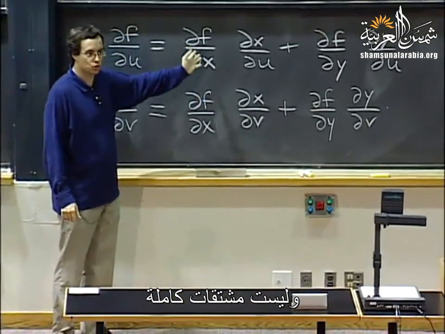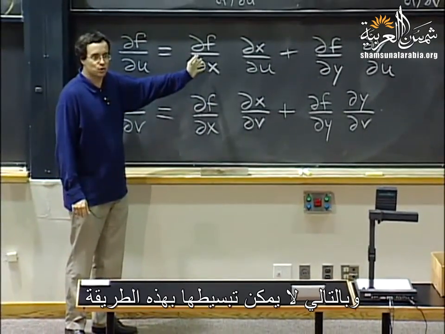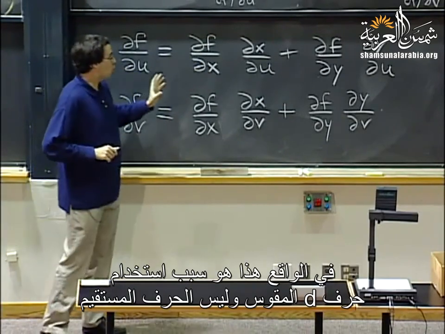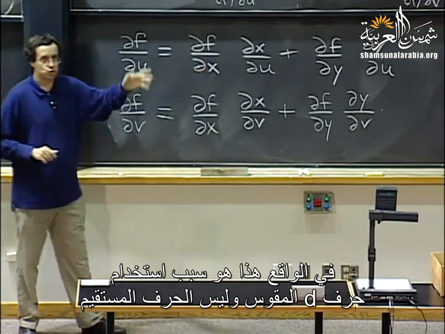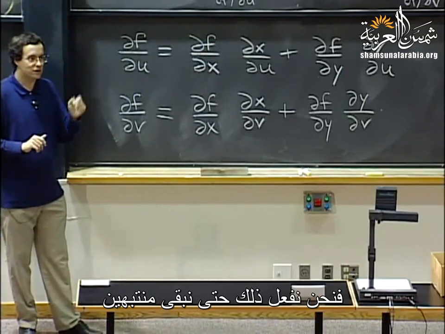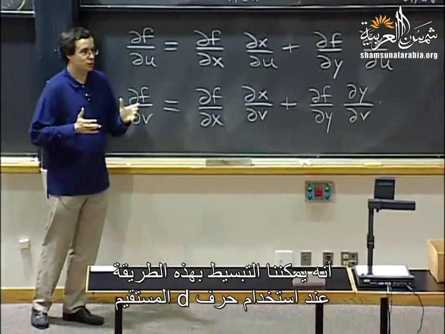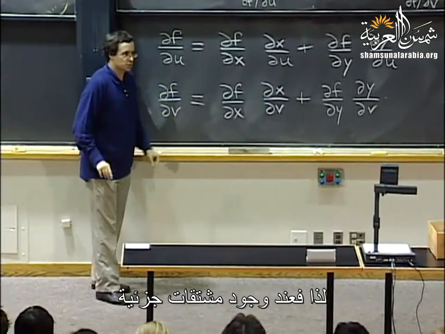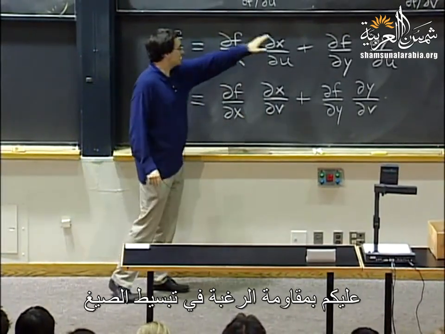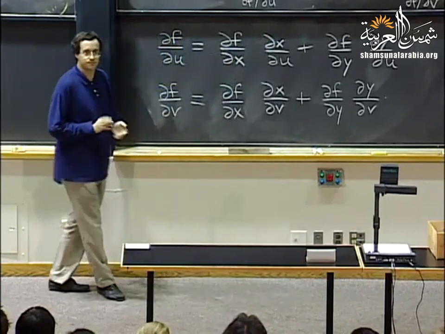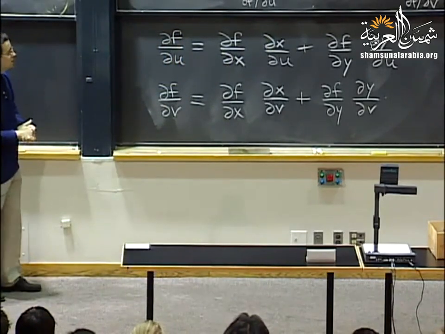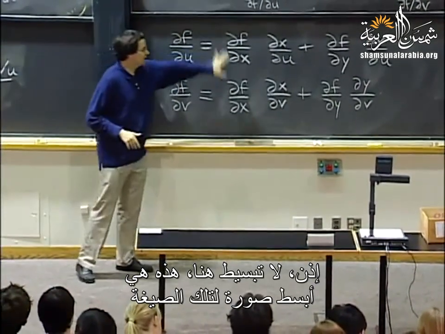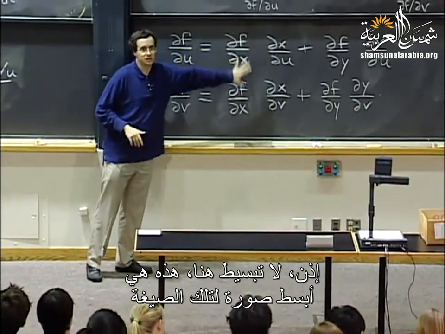These are not total derivatives, and so you cannot simplify them in that way. That's actually the reason why we use this curly d rather than a straight d. It's to remind us, beware, there are simplifications that we can do with straight d's that are not legal here. So when you have a partial derivative, you must resist the urge of simplifying things. So no simplifications in here. That's the simplest formula you can get.